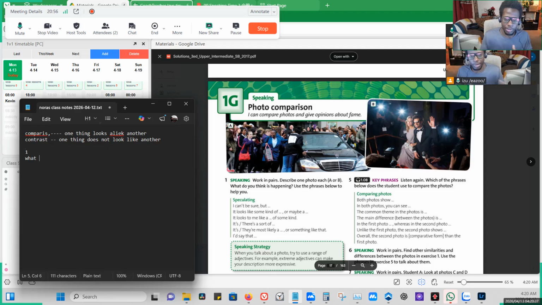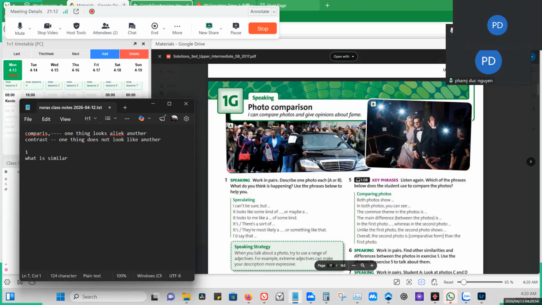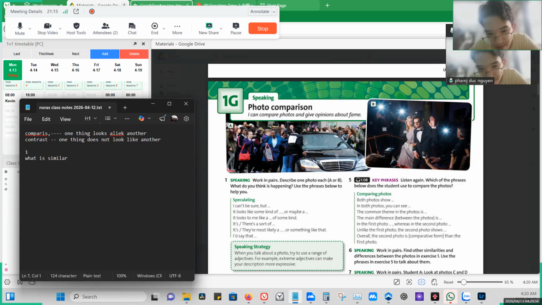If you wanted to compare them and say these two pictures are similar, what would you say is similar? Like a popular guy or someone, and a lot of people are chasing and taking a photo.